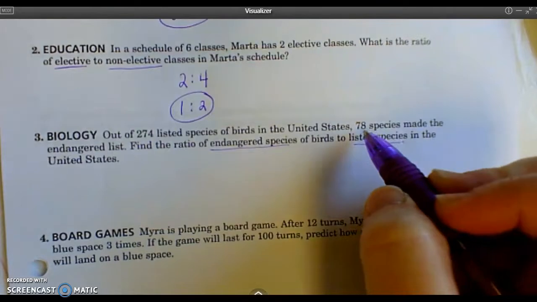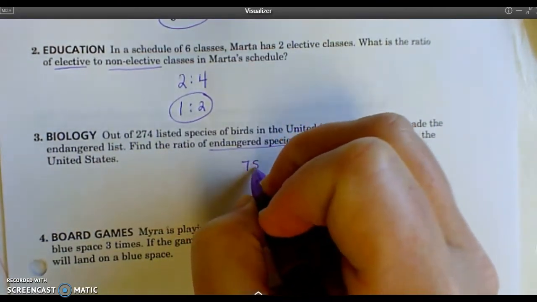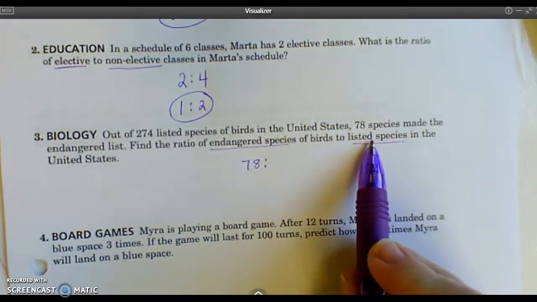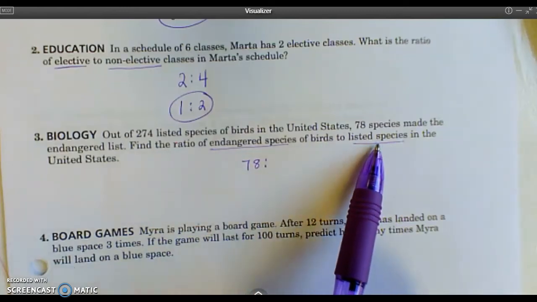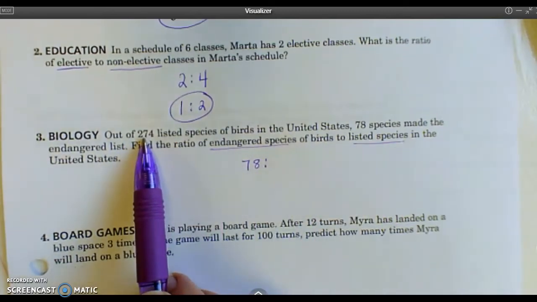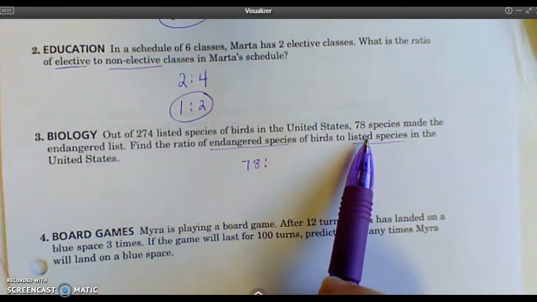So what we know is that 78 are endangered, so 78 comes first. Then to get the listed, this one's a little different because I know that 274 are listed. So 274 would be the listed.